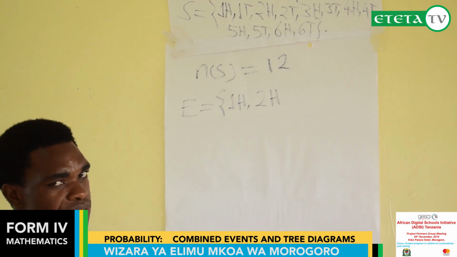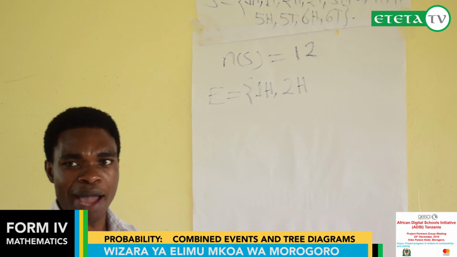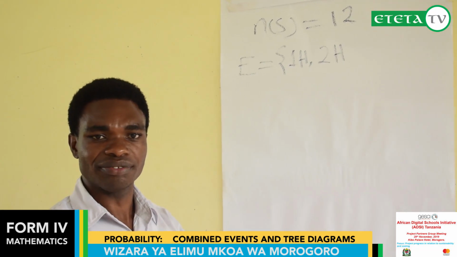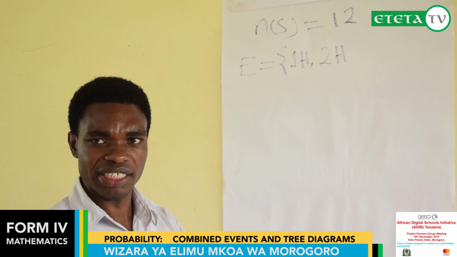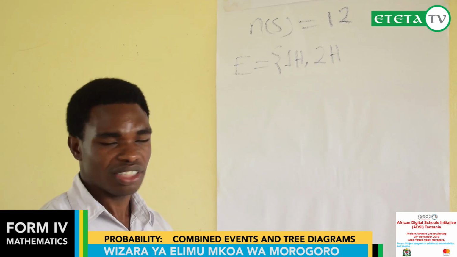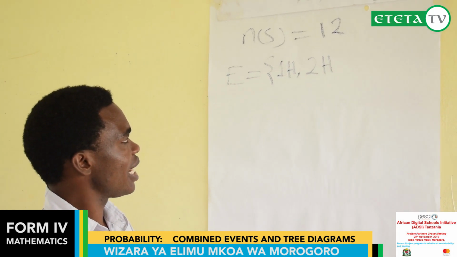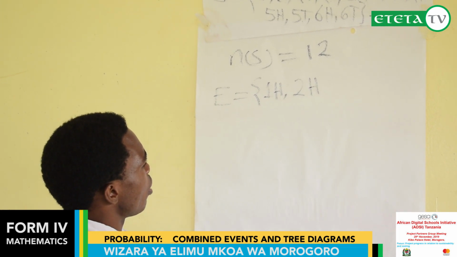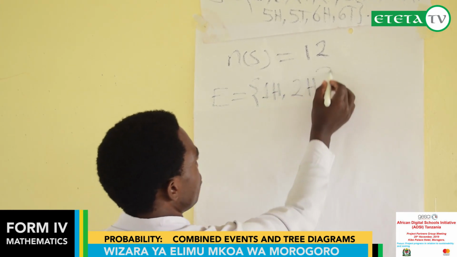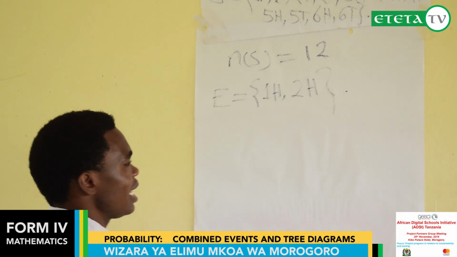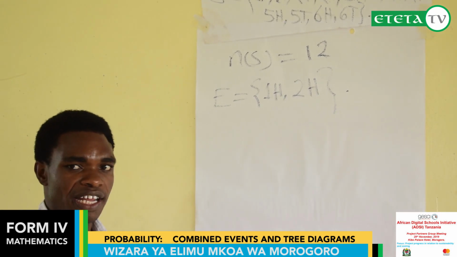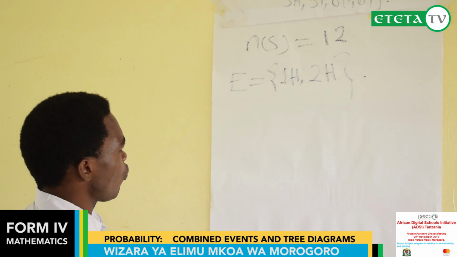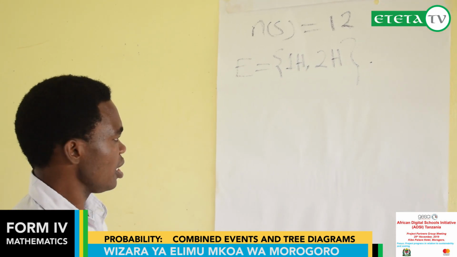Observing the other outcomes, you find that either a number is bigger than 3 or equal to 3, or it is combined with the unrequired outcome on a coin. So the event is this one. As usual, since we are going to find the probability, we must know the number of elements in the event.